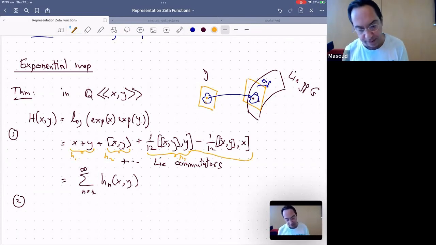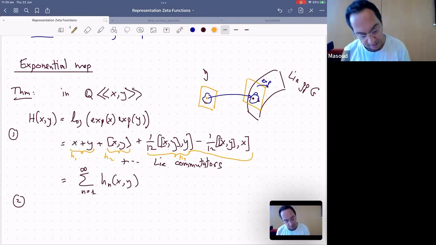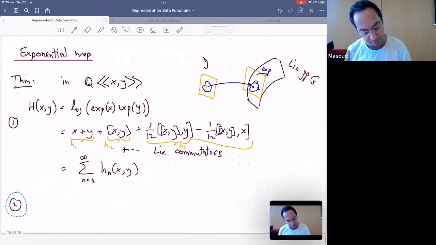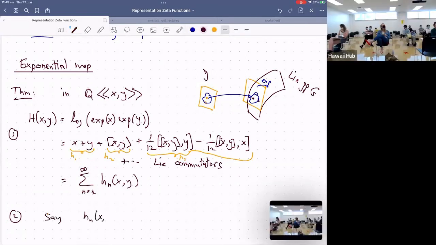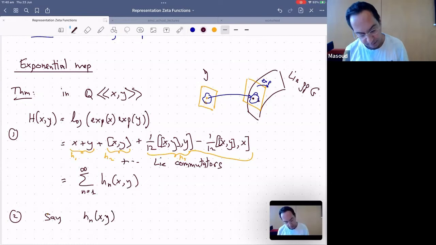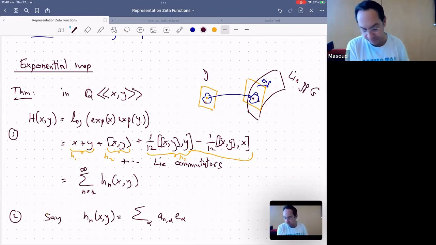If I'm writing it like that, and if I'm writing a basis coming from these monomials, I'll write each of the h_n. Say that h_n of x, y is a sum over alpha of a_{n,alpha} times e_alpha, where the e_alpha are a basis of simple commutators.